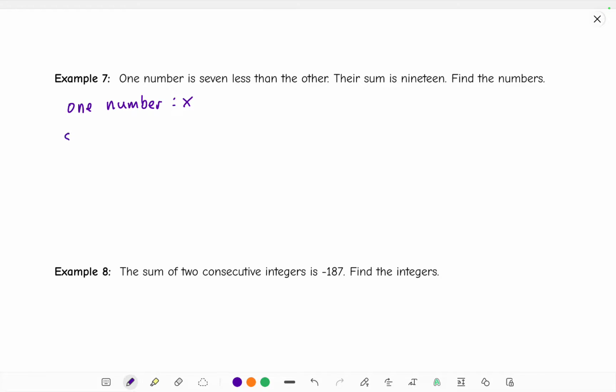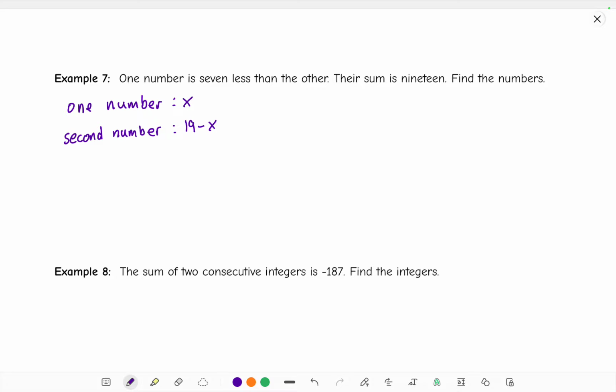And then we have a second number. Now, since I know their sum is 19, if the first number is x, the second number would have to be 19 minus x. That way, when I add them together, we get 19.